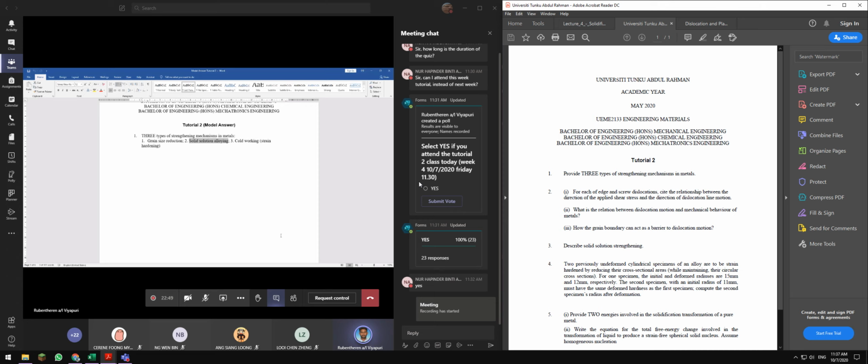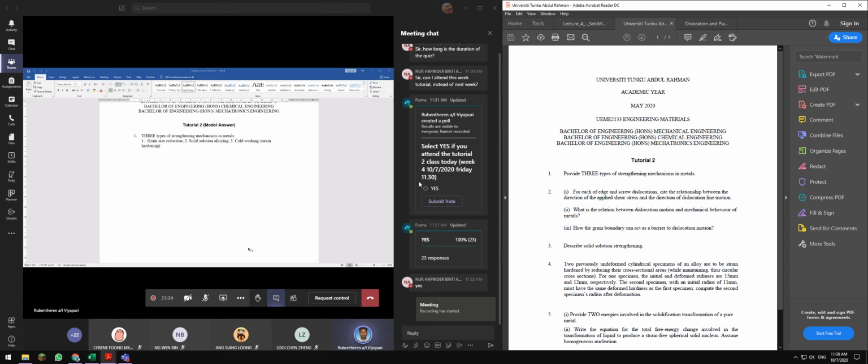The third strengthening mechanism is cold working, where you purposely deform the material plastically, mechanically, so that it is in a strain state. There will be no further dislocation. That is what we mean by cold working, which is strain hardening. So these are the types of strengthening mechanism.